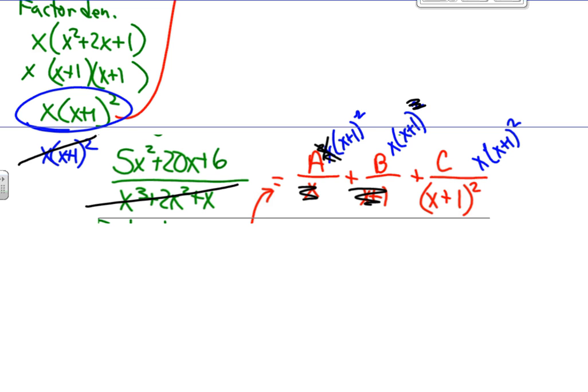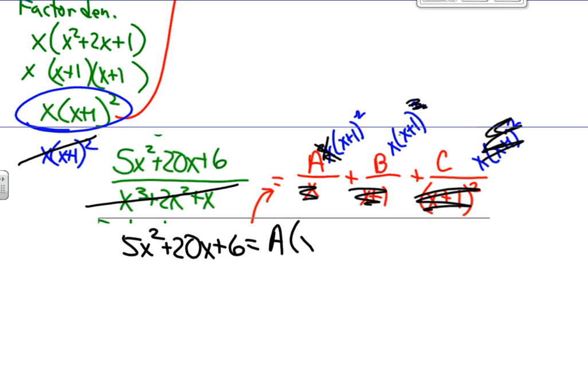This and the power there is going to cancel. This and that cancels. So this is 5x squared plus 20x plus 6 equals A times x plus 1 in parentheses squared plus Bx times x plus 1 plus Cx.